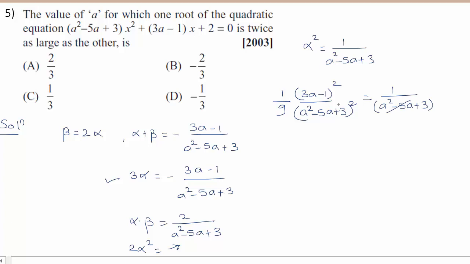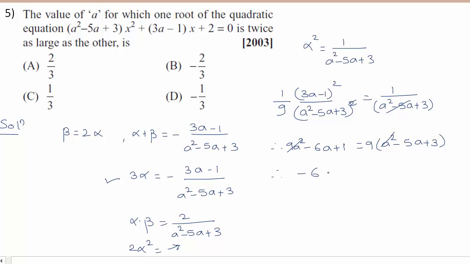So the good thing happening here is we can cancel this bracket, and then if we shift the denominator on the other side, we get 9a square minus 6a plus 1 equals 9a square minus 45a plus 27. So 9a square will get cancelled here.